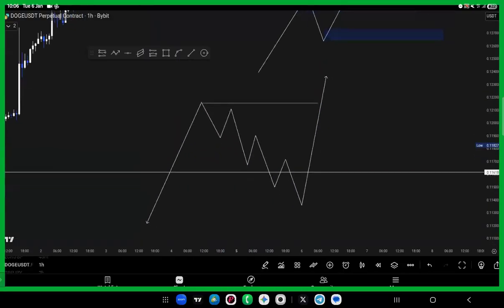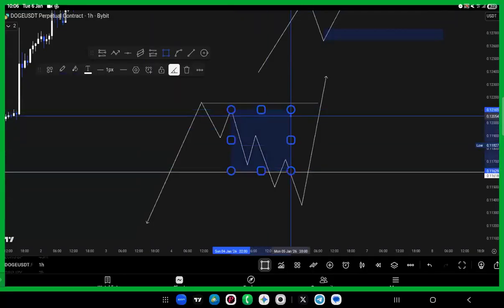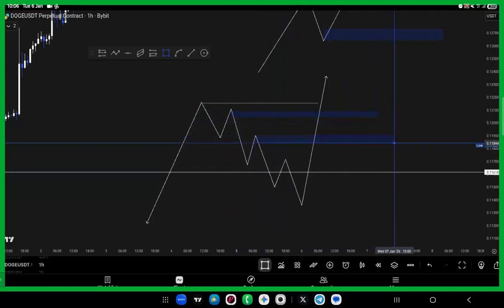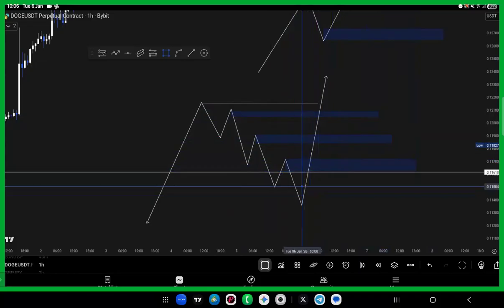So now, in cases like this, there are multiple points of interest here. Take, for instance, we have a breaker block here. We have another breaker block here. We have another breaker block here. Before we then come to this other block at this particular level.